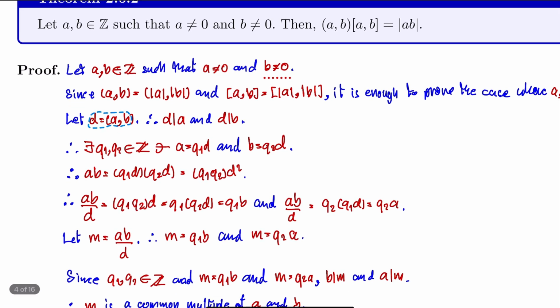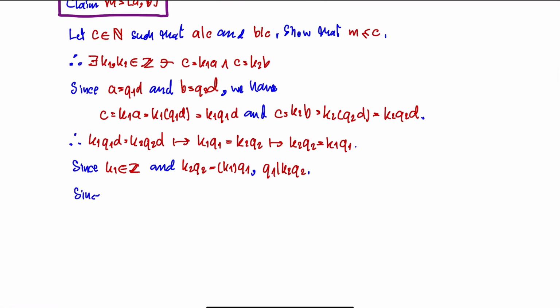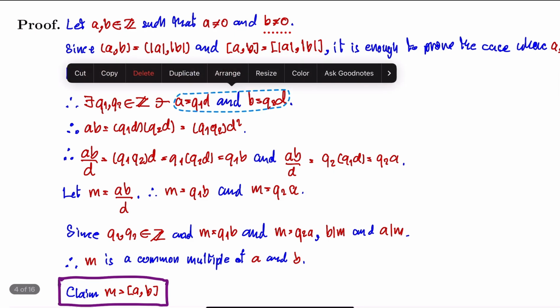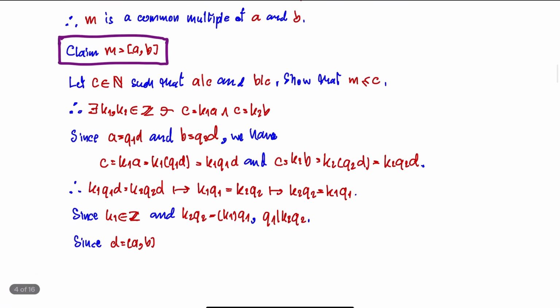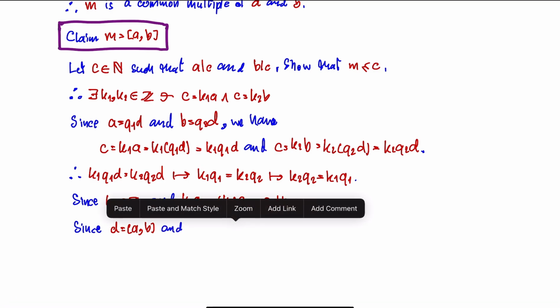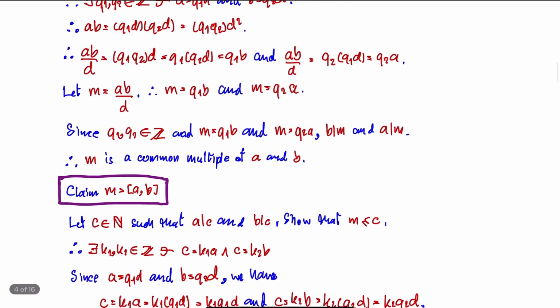We have this D, right? Which is the greatest common divisor of A and B. Okay, so since D is the greatest common divisor of A and B, and we already have these two equations, A equals Q1 D and B equals Q2 D, what do we have?